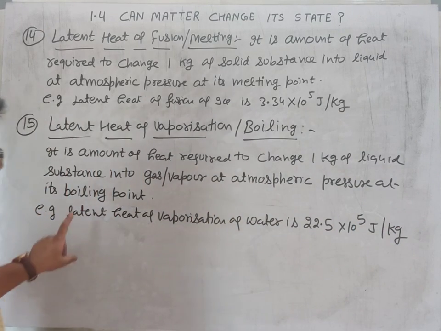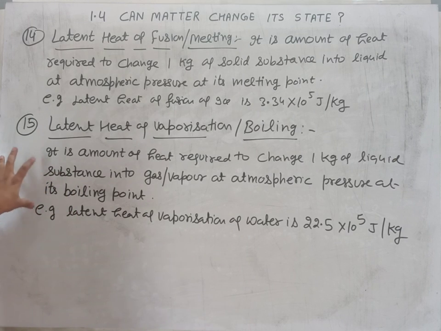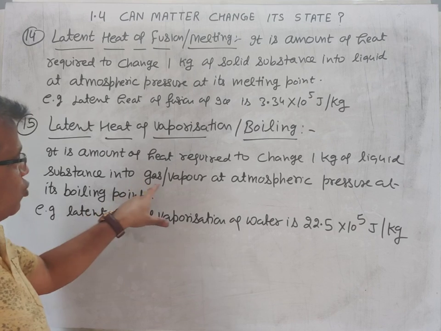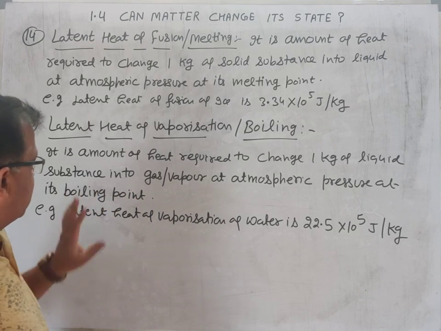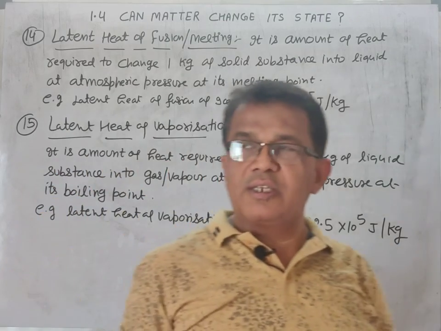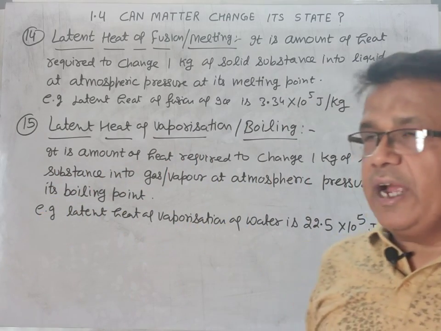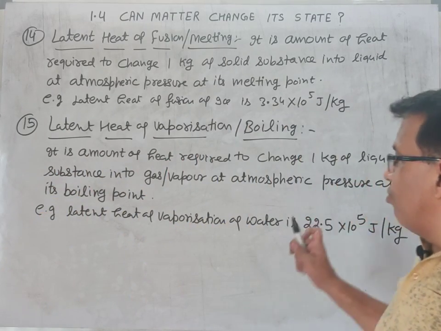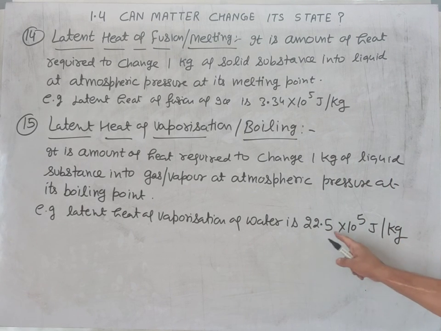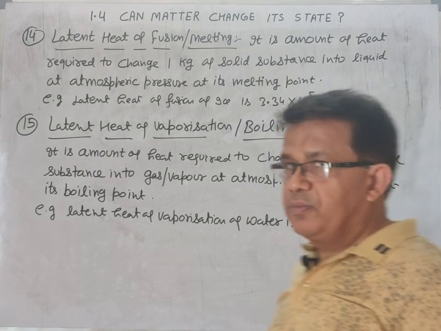So latent heat of vaporization is the amount of heat required to change 1 kg of liquid substance into gas at atmospheric pressure at boiling point. We know the boiling point of water is 100 degrees Celsius. Thus at 100 degrees Celsius, 1 kg of water consumes 22.5 × 10^5 joule heat to convert into vapor. Thank you.